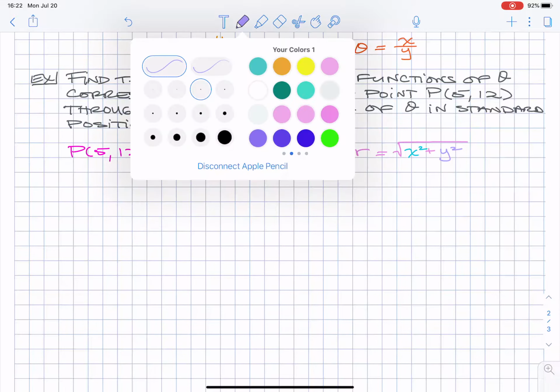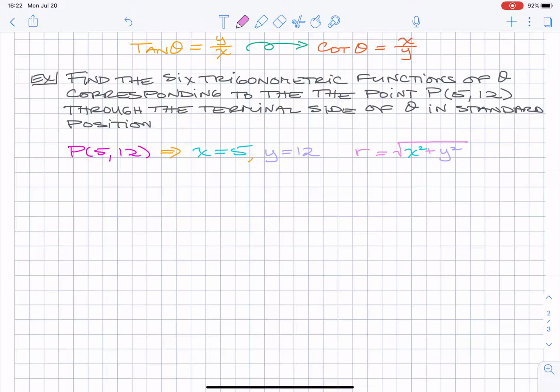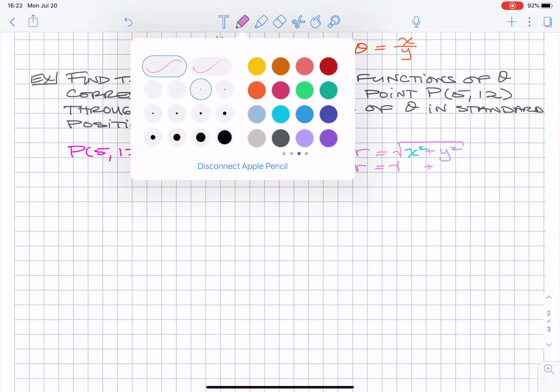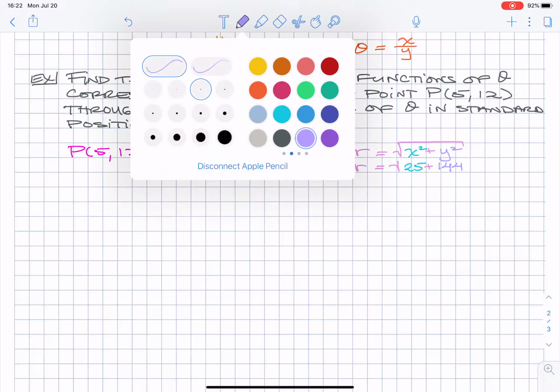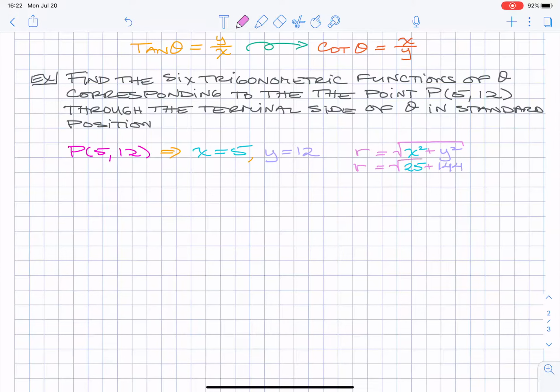But those who are savvy with their Pythagorean triples should already know the answer. So this will be the square root of 5 squared is 25, and 12 squared is 144. So that's going to be the square root of 169. And that's 13. So this is a 5, 12, 13 right triangle.